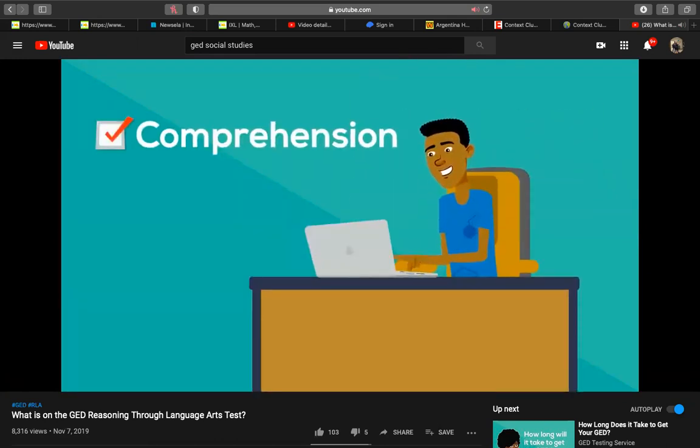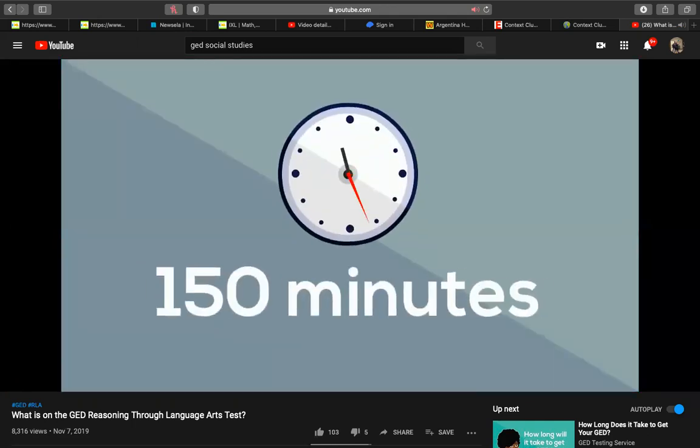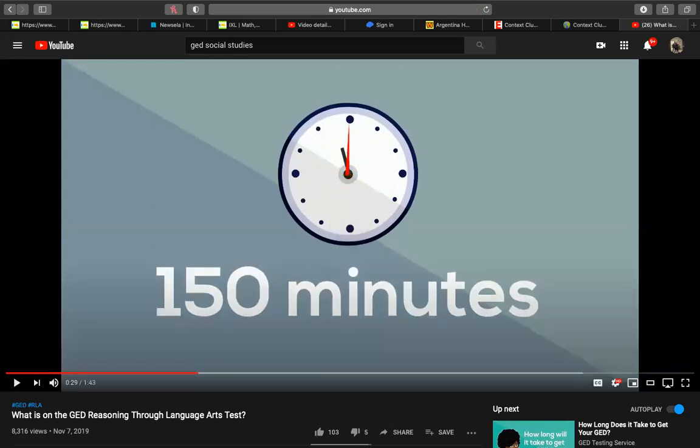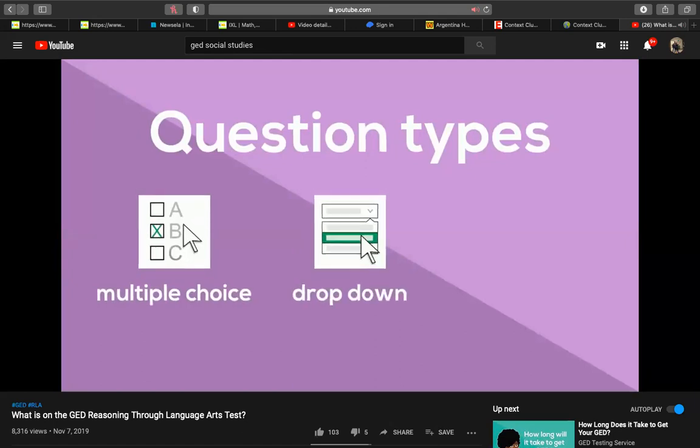It's all about comprehension, being persuasive, and paying attention to details. The entire test takes 150 minutes, so that is 2 hours and a half, but don't worry, there's a break in between sections. Question types include multiple choice, drop down, and a written essay.